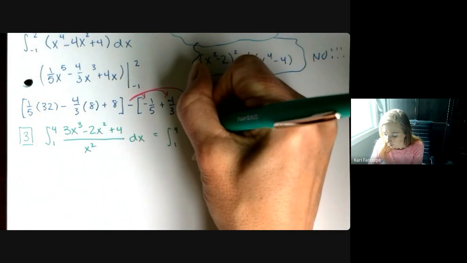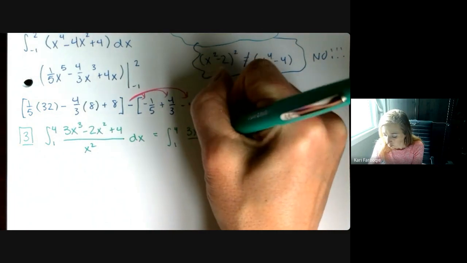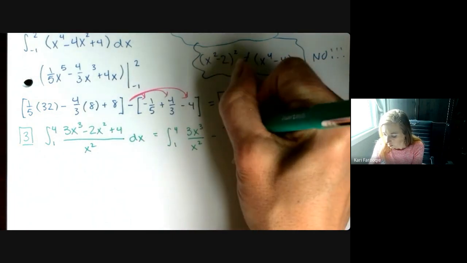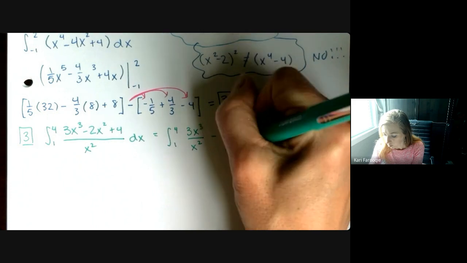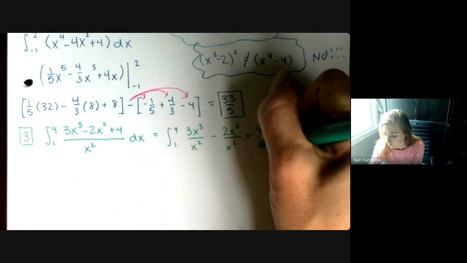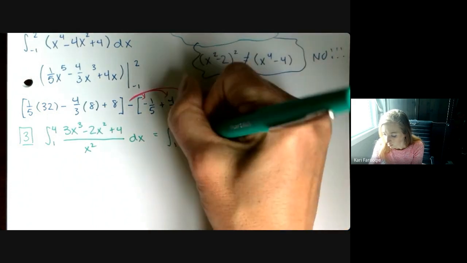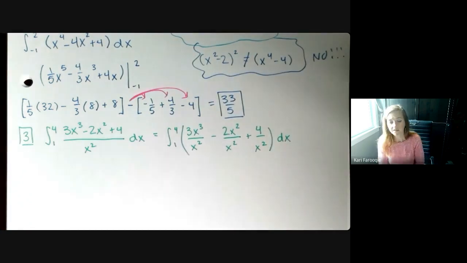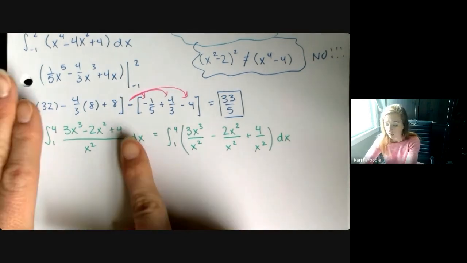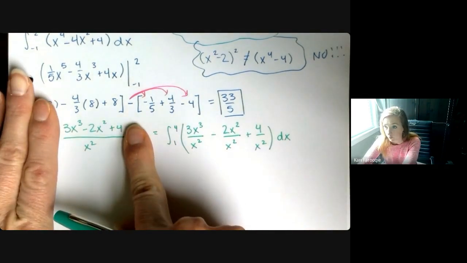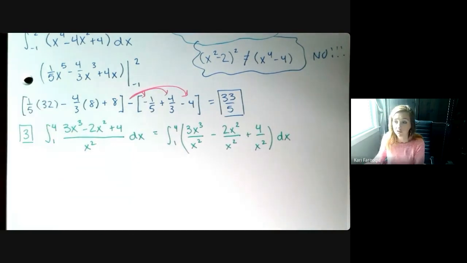So really what you're looking at here is 3x cubed over the common denominator minus 2x squared over the common denominator plus 4 over the common denominator dx. So this is a technique that we talked about even when we were simplifying expressions to take derivatives. When we took the derivative of this, we split it up the exact same way, just using the common denominator, separating fractions.